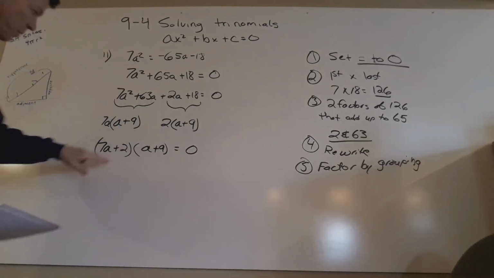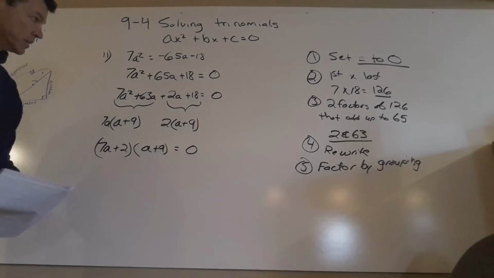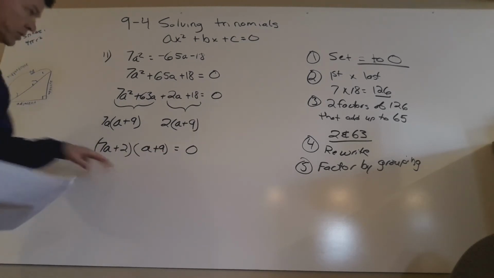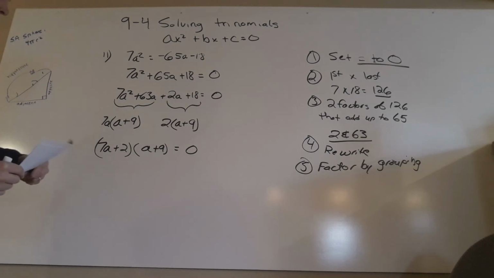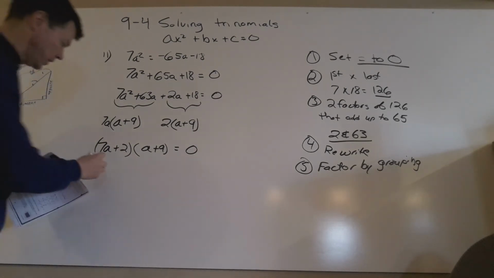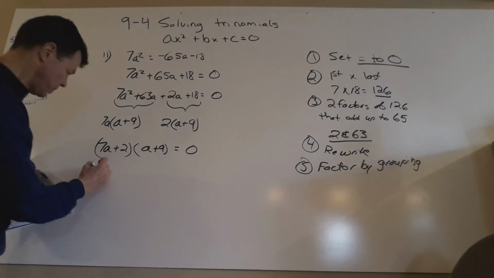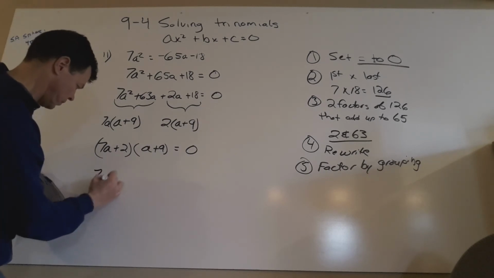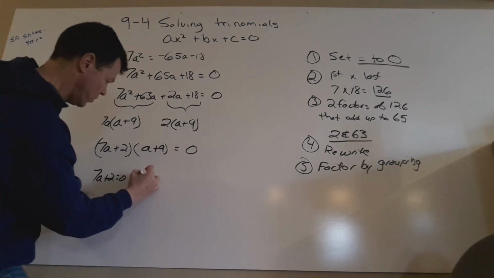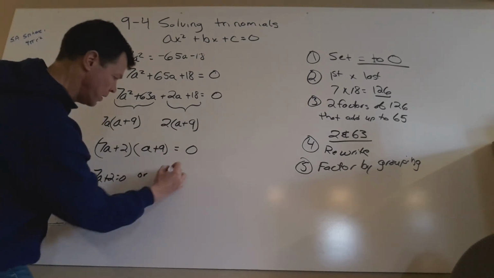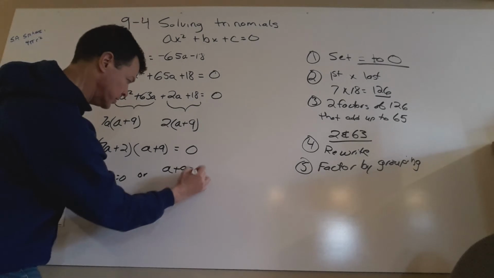So we have two things multiplied together, and the answer is 0, so one of these is 0. We solve for both to take care of all possibilities for a. So 7a plus 2 equals 0, or a plus 9 equals 0.